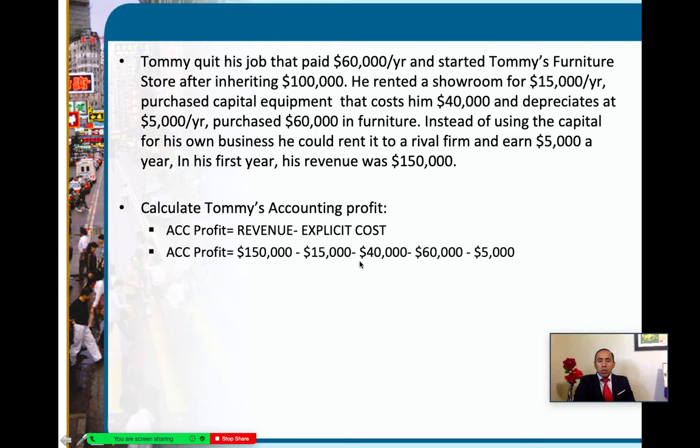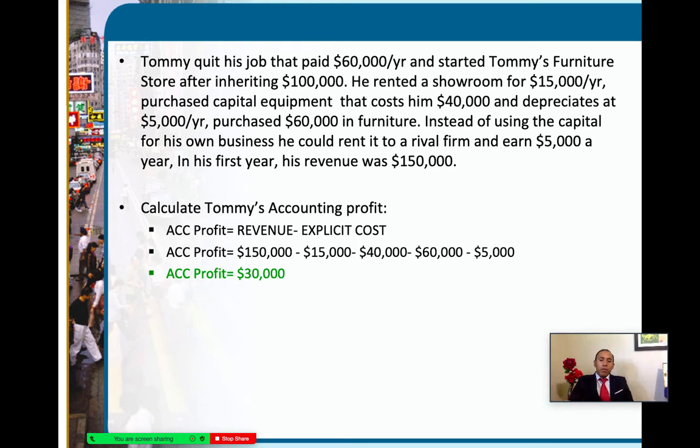So he has a total calculation cost of $15,000, $40,000, $60,000, and in this case, $5,000. His net accounting profit is only $30,000. That's how much he's making after accounting for all of the explicit costs.